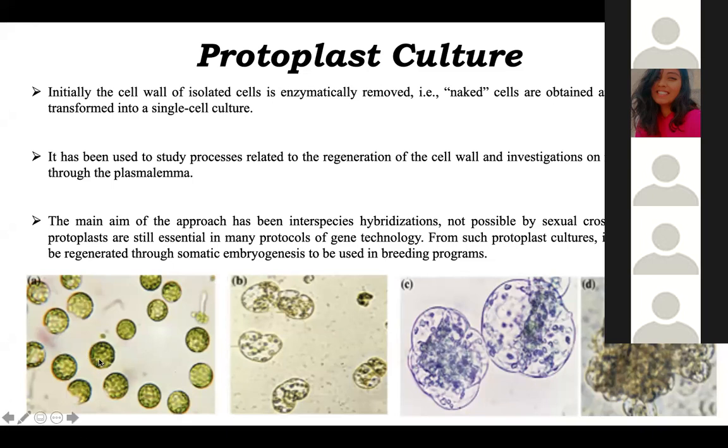Then we will check for the GFP signal, whether it's coming from the nucleus, the cytoplasm, or the membrane. These are some examples of gene technology mentioned here, which is what protoplasts are used for in modern-day plant biotechnology research.